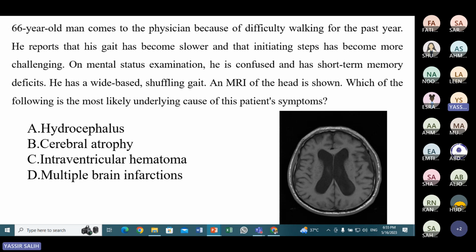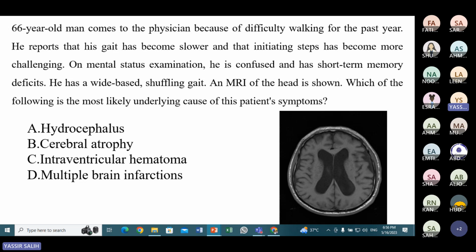Please read this story or scenario in 50 seconds. What is the best answer?